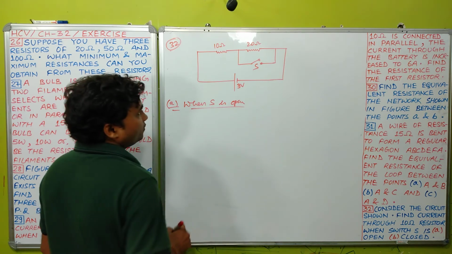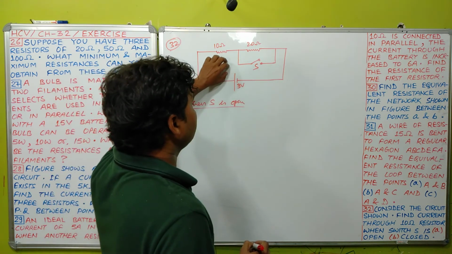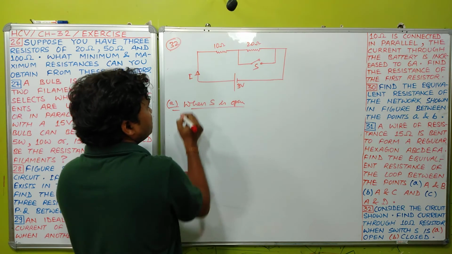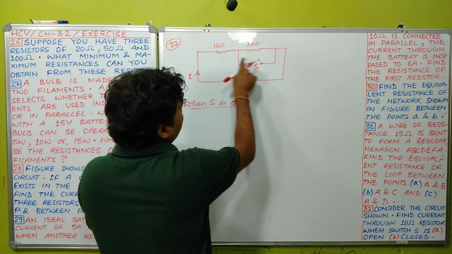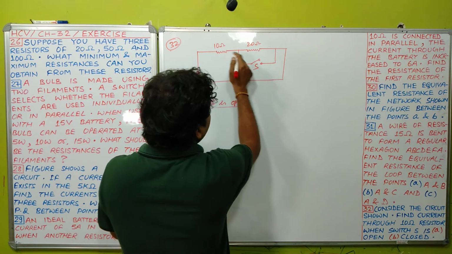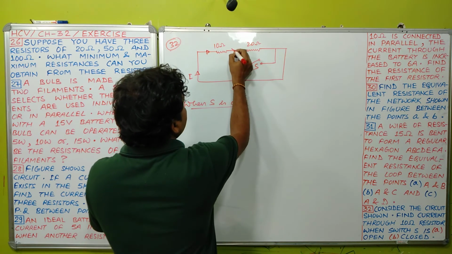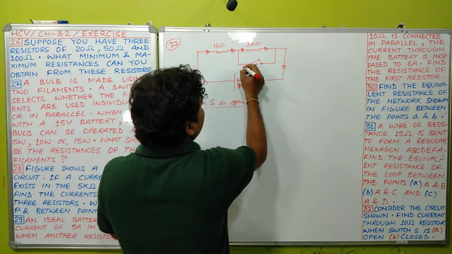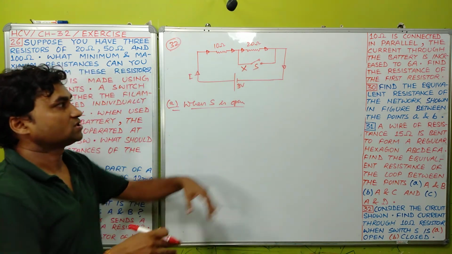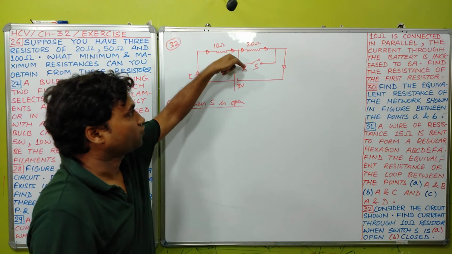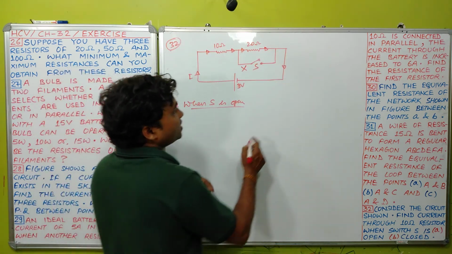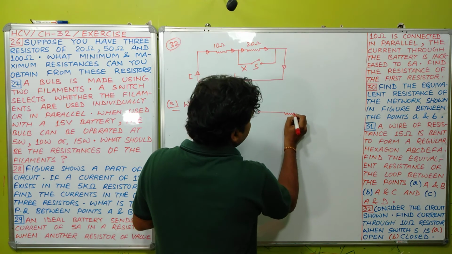Okay student, when S is open, as you are seeing in this figure, what will happen? Let the current flowing through this be I. Obviously total current will flow through this, and no current will flow through this because the circuit is open. So current will not flow through this section, and total current will flow through this section. In this case simply we have this circuit.